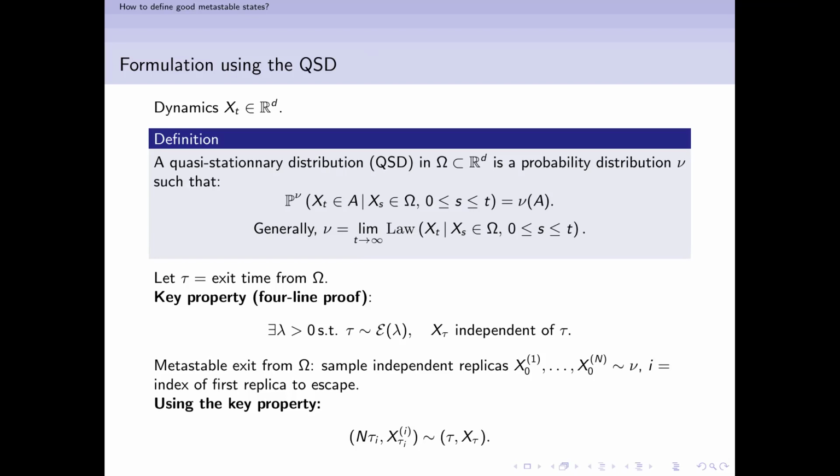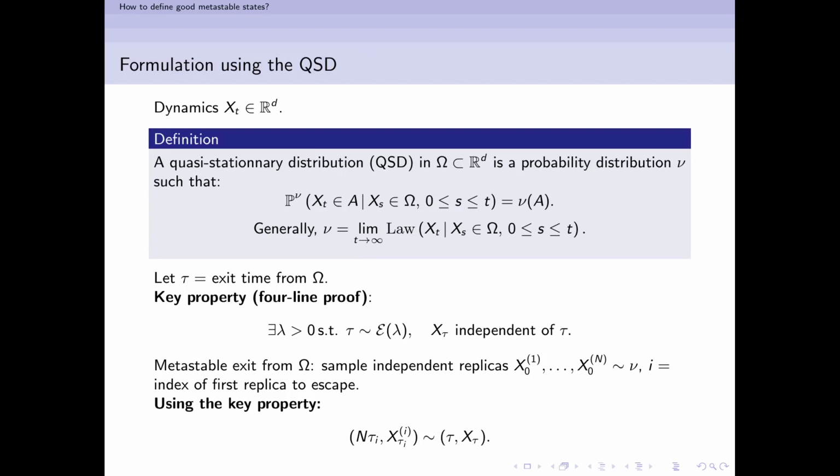You're just stuck in this local equilibrium. A is any arbitrary subset of omega. Basically, it tells you that the law of X_t starting from nu, conditioned on not escaping, is still nu.